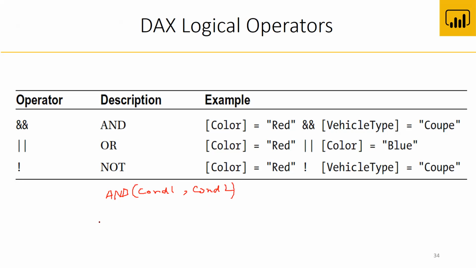This can also be written as condition 1 double ampersand condition 2. Both work the same. These two are identical. So we can either use the logical operator AND, or we can use the function AND. Both are the same. This is the end of chapter number 11.